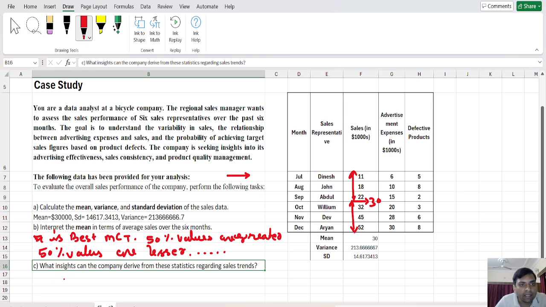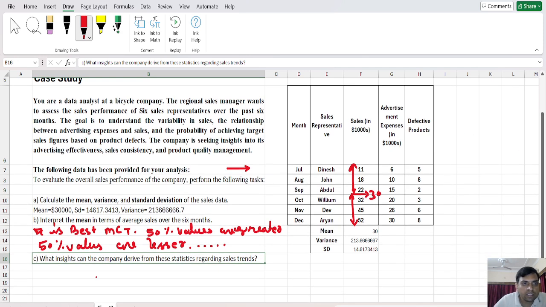And what insight can the company derive from these statistics regarding trend? This question is directly associated with regression analysis. And you can find regression analysis by using x bar and SD. So without finding x bar and SD, we can't say how this descriptive analysis is good for this data or not.